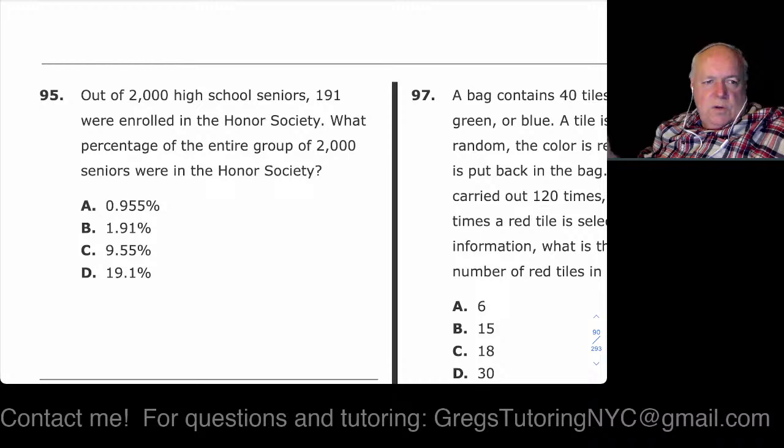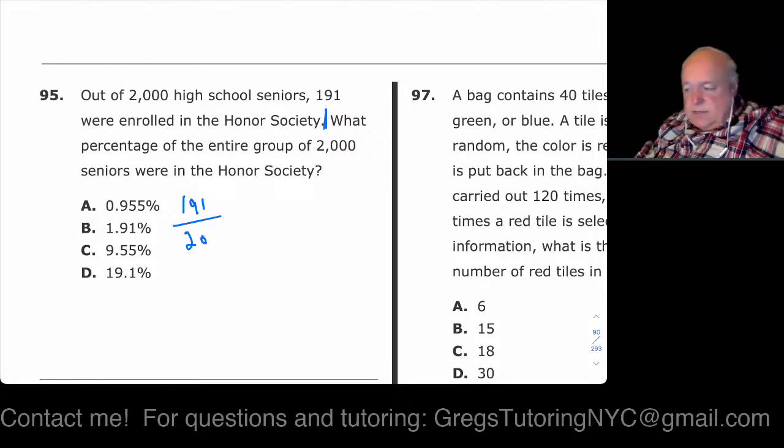Okay, out of 2,000 high school seniors, 191 were enrolled in the Honor Society. So normally we'd have 191 out of 2,000. I don't know where they're going with this yet, so that's what I'm going to write. Let me put the units.